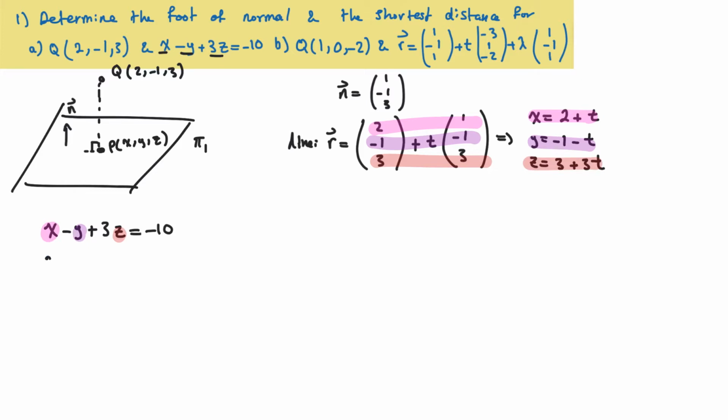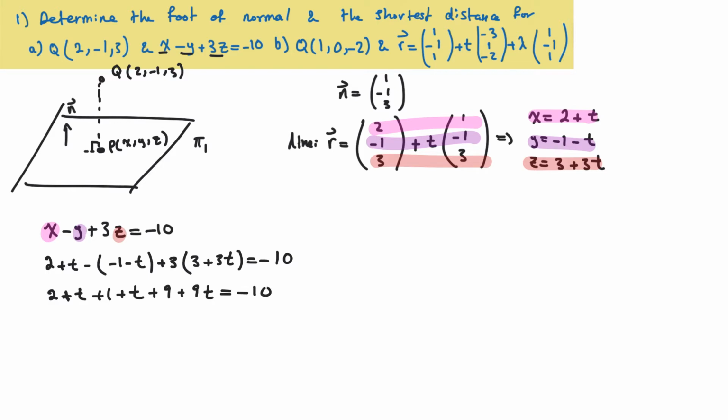x is 2 plus t, minus y, which is negative 1 minus t, plus 3 times z, which is 3 plus 3t, and that's going to equal negative 10. Then I will expand. Negative 1 times negative 1 is positive 1, negative 1 times negative t is positive t, 3 times 3 is 9, and 3 times 3t is 9t.